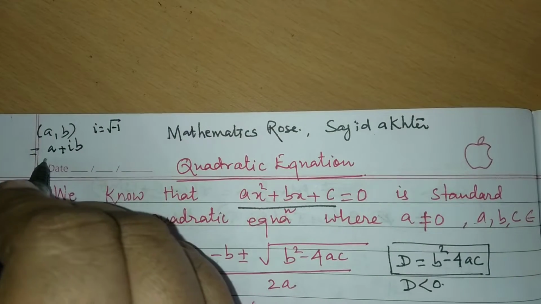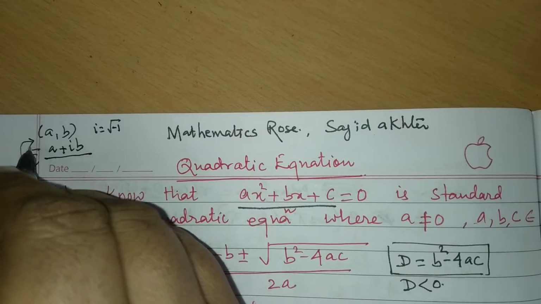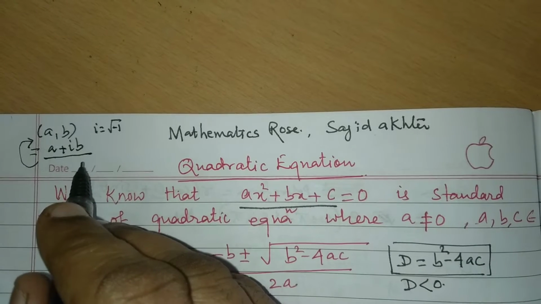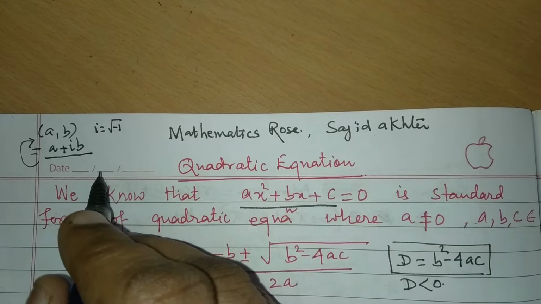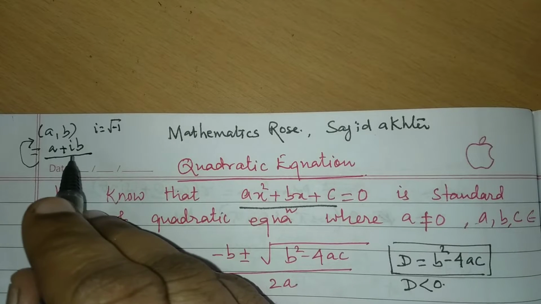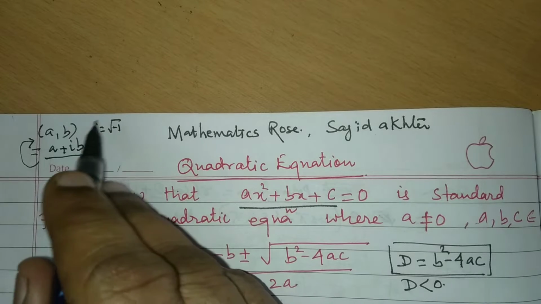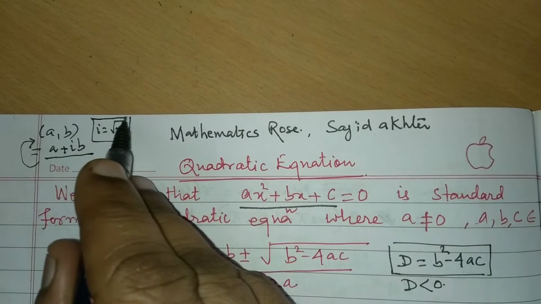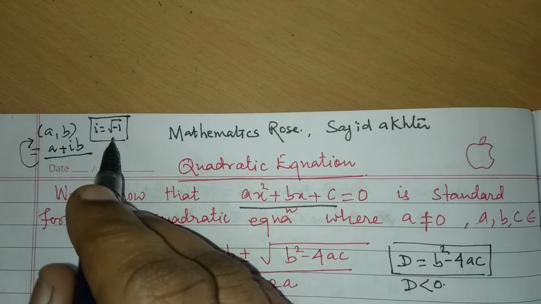Any complex number can be written as an ordered pair of two real numbers, as given by W.R. Hamilton. This unit of the imaginary number, iota equal to root under minus 1, is given by Euler.